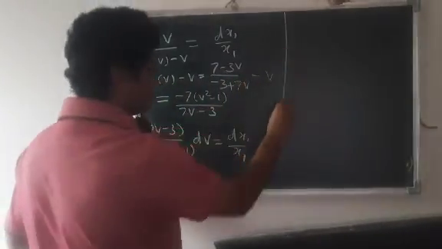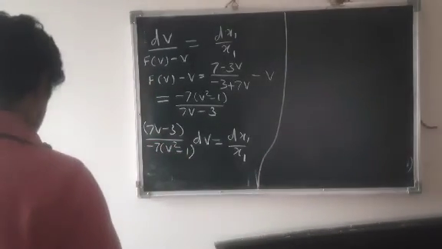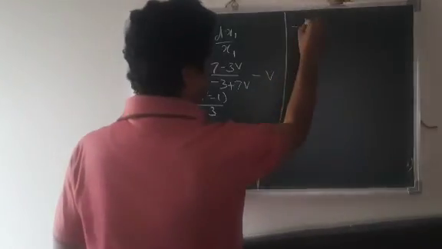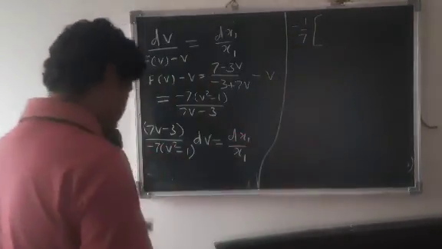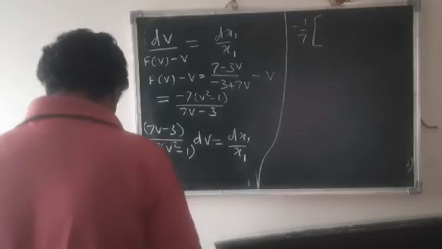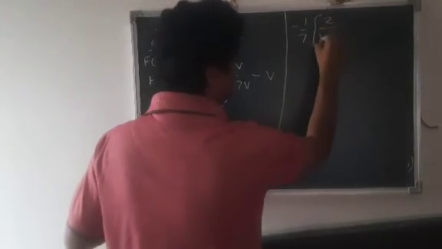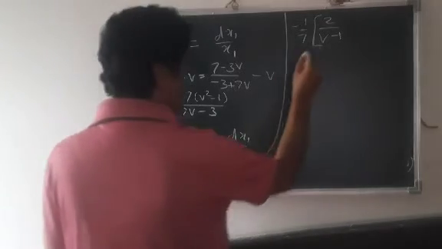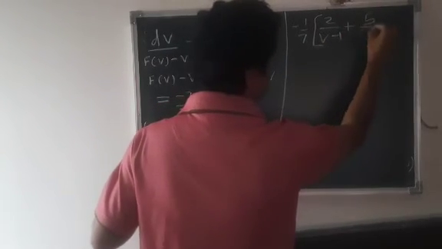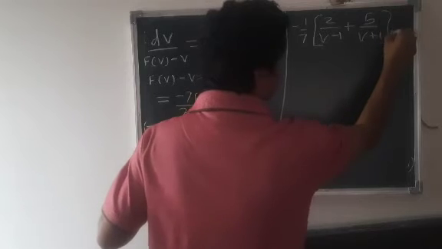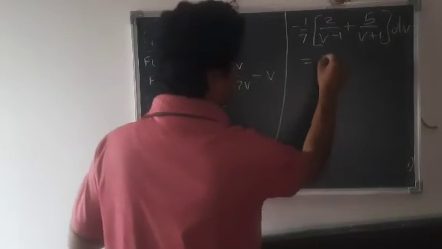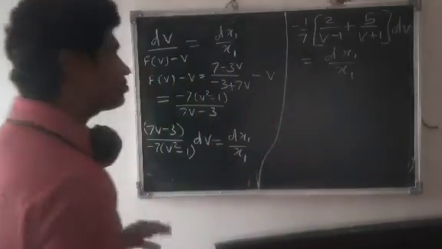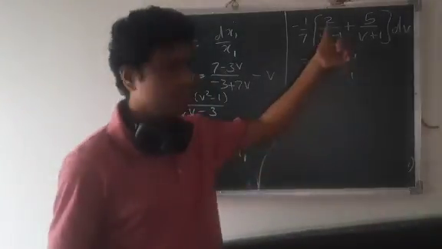So this becomes minus 1 upon 7 into (2 upon v minus 1 plus 5 upon v plus 1) dv equal to dx1 by x1. And now it is easy to integrate.